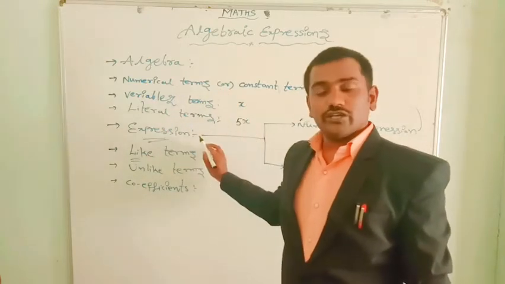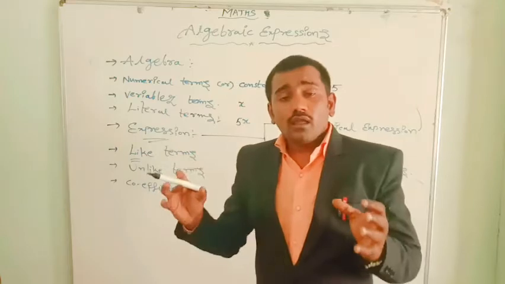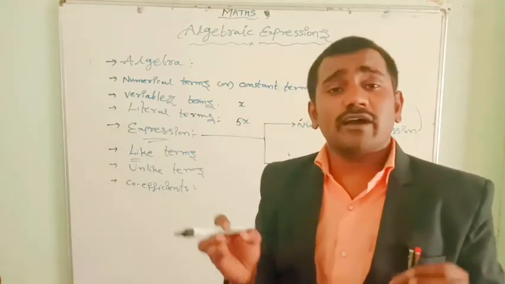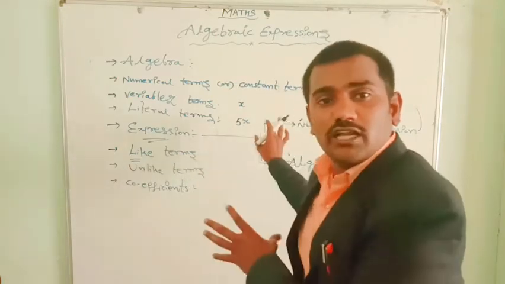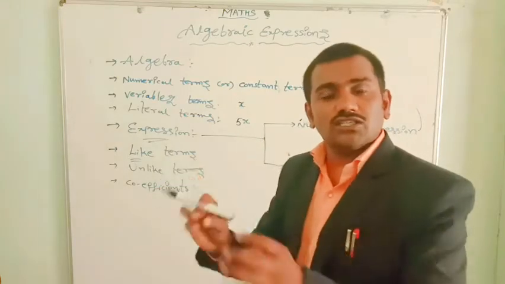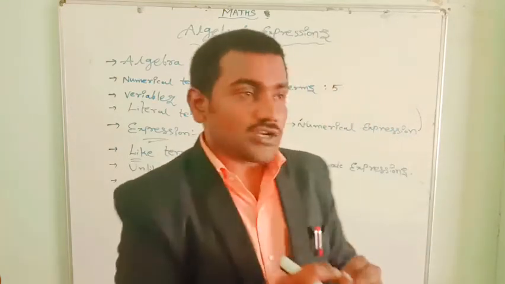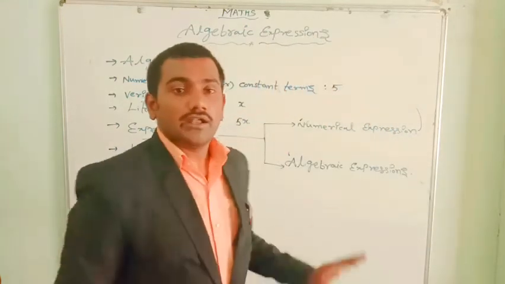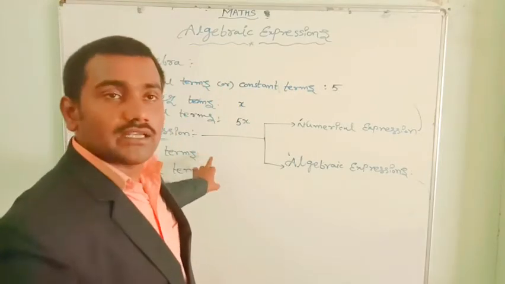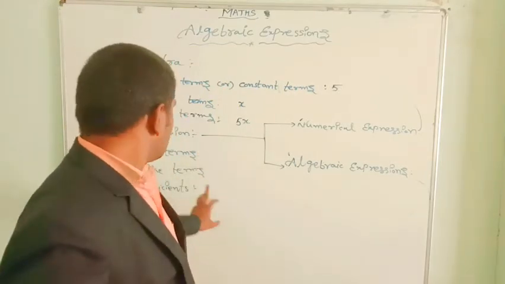Then about expression: an expression is a single term or a combination of terms connected by plus or minus. If all terms are constants, it is a numerical expression. If at least one variable is contained, that is an algebraic expression. Now we have also learned about like terms, unlike terms and coefficients.